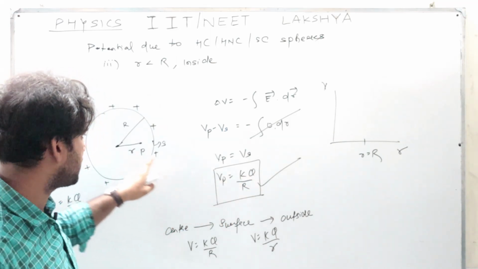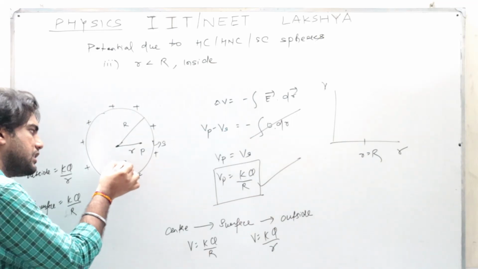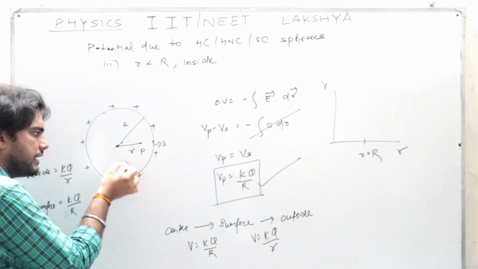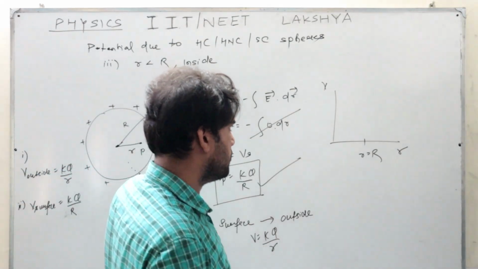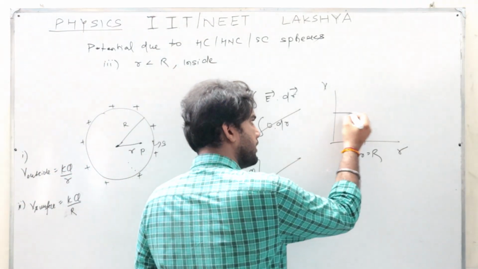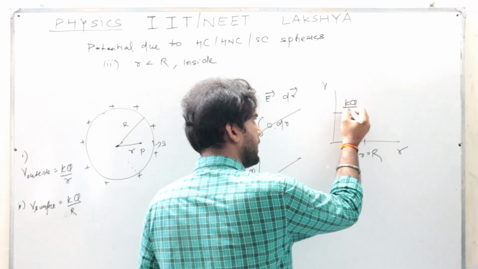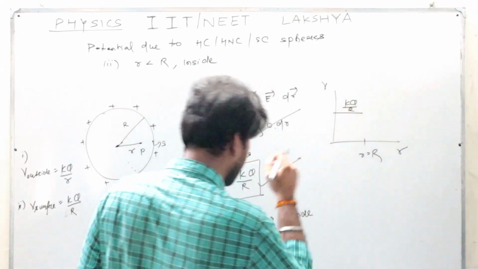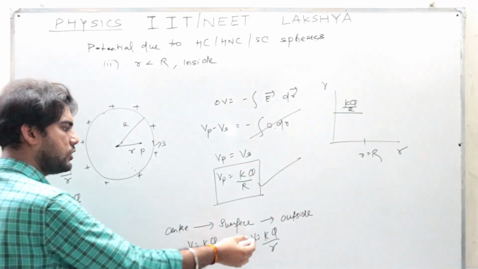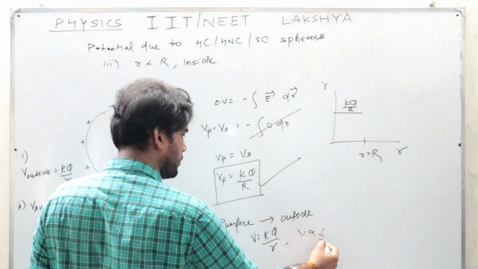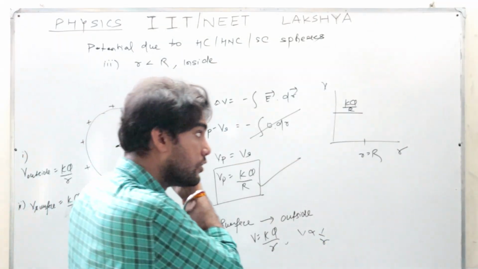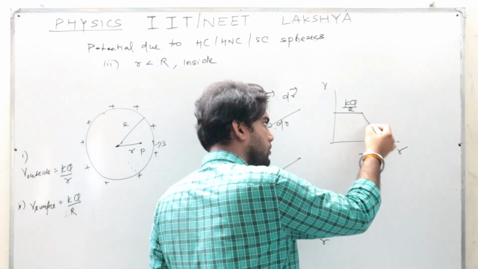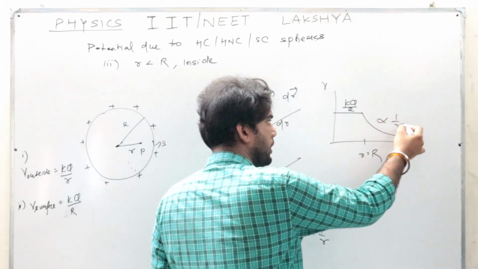Whether you calculate potential here, here or here, at every point the potential will be the same. After that, V is proportional to 1 by r, or you can say inversely proportional to r, so the graph would go like this.